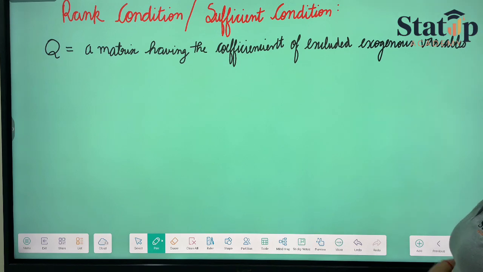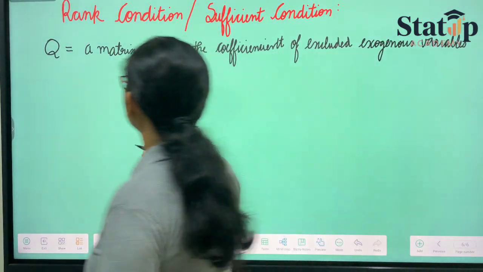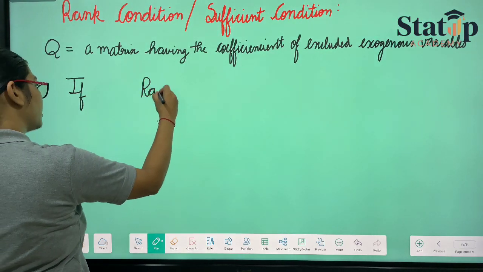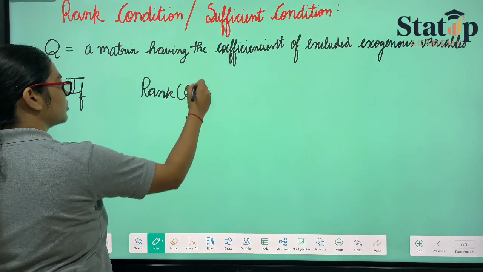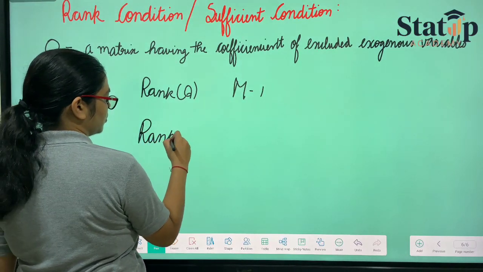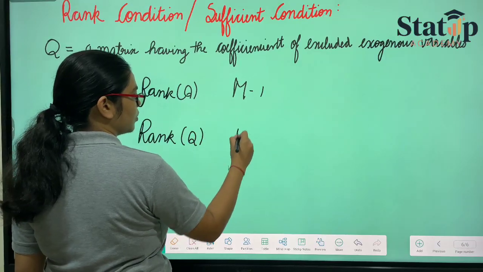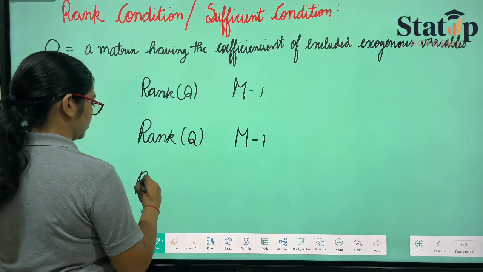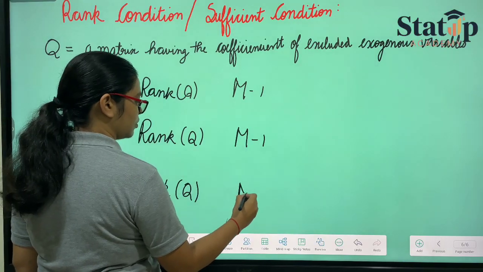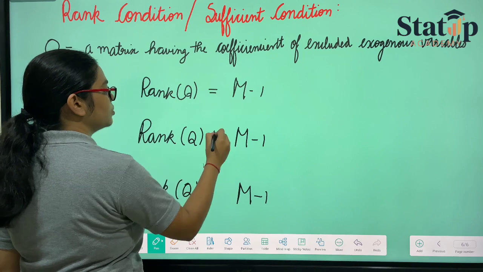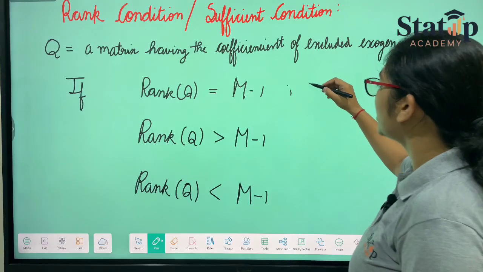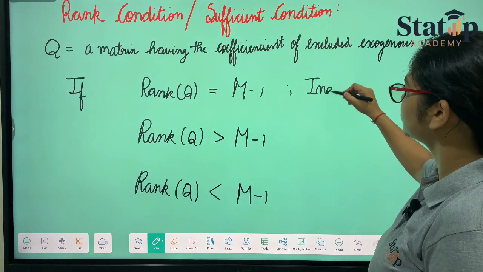We will discuss this as we do the question, then you will understand better, and we will calculate the rank of Q. If the rank of Q is equal to m minus 1, that means our model is identified.